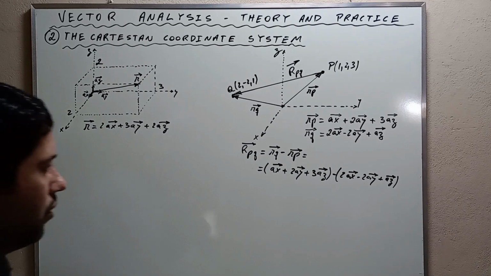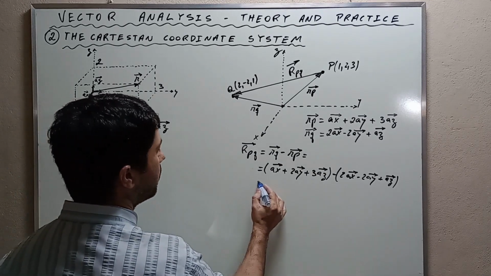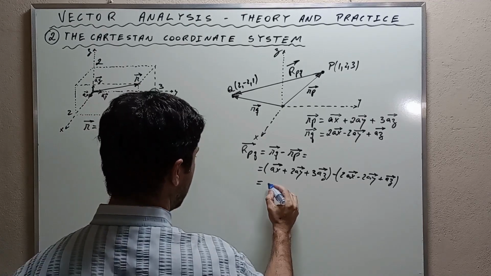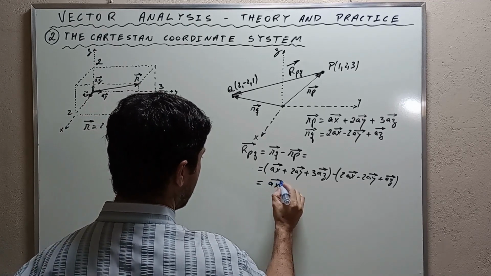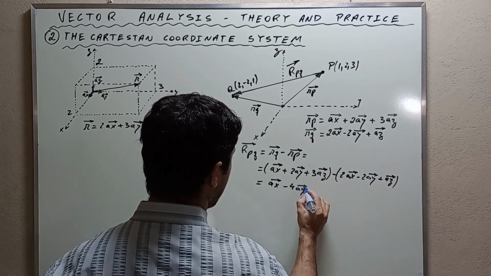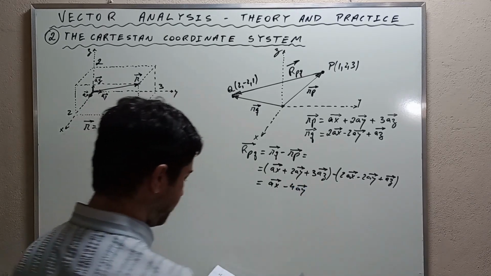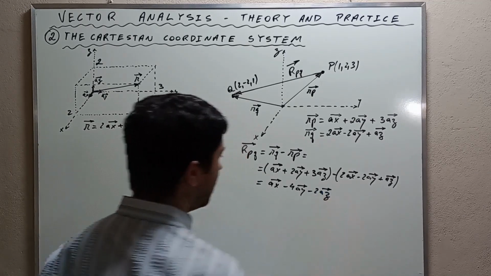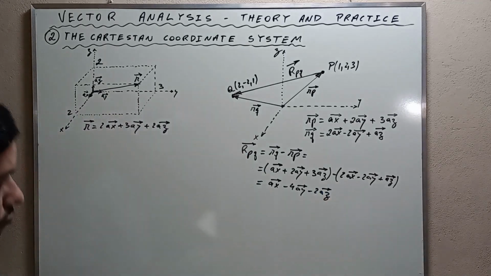Subtracting, we reach that RPQ is ax minus 4ay minus 2az. Okay?